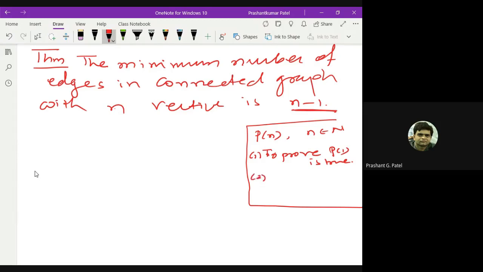The second, you have to assume Pk is true. In between 1 and n, you can assume that Pk is true. And the third, you have to prove Pk plus 1 is true.